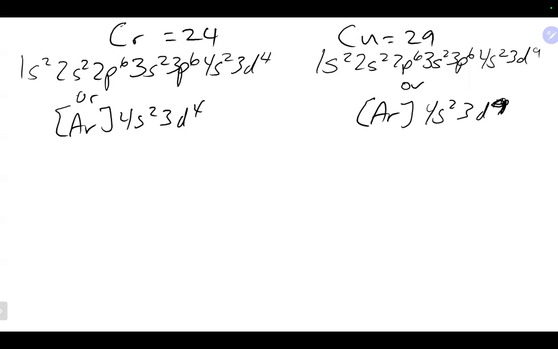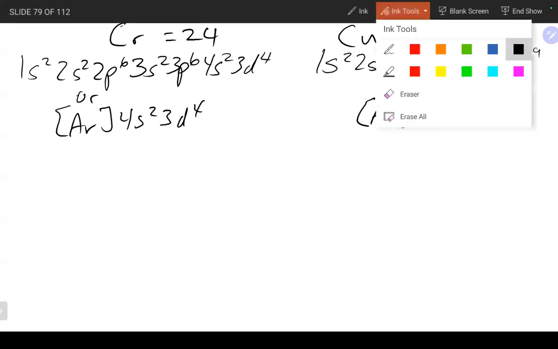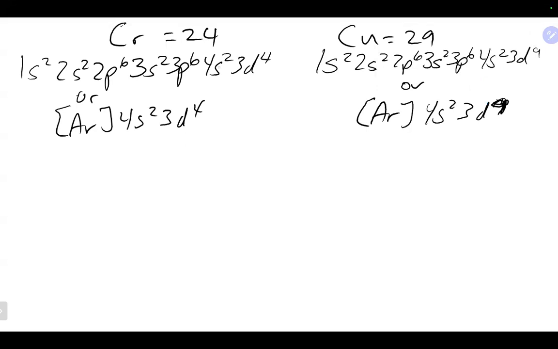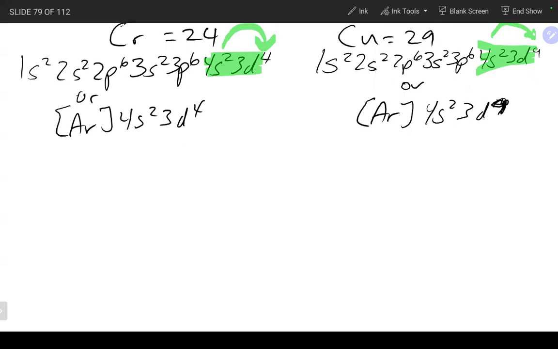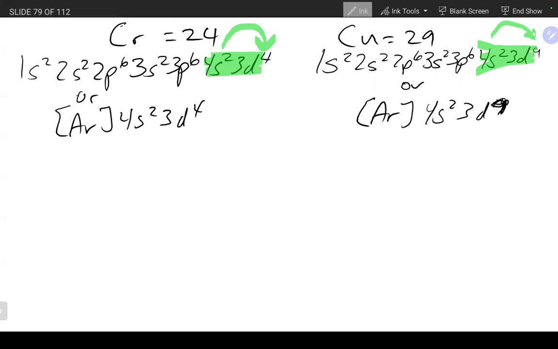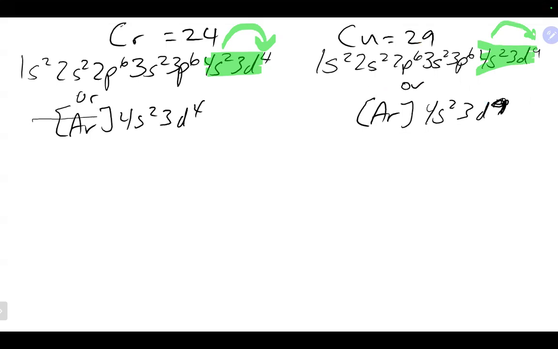Where the exception actually occurs is, it's been found experimentally that because these orbitals are really close to each other, it is more stable with an extra electron up in the d orbital from the s orbital. So the correct electron configuration for chromium is actually not this.